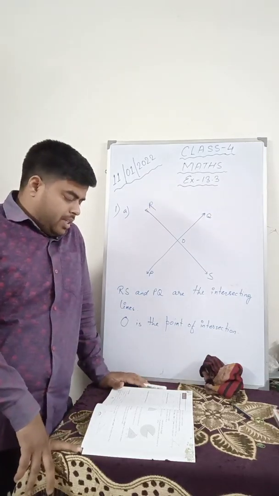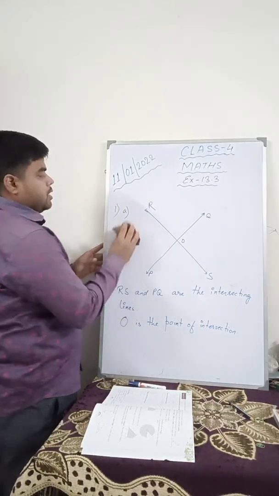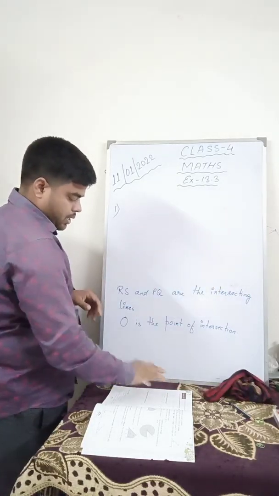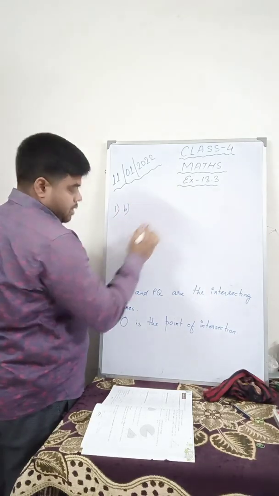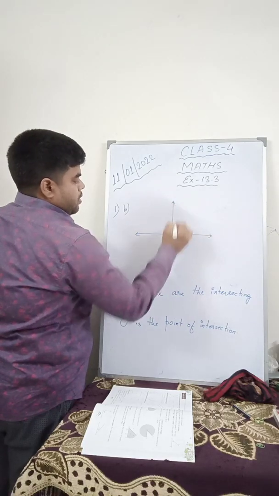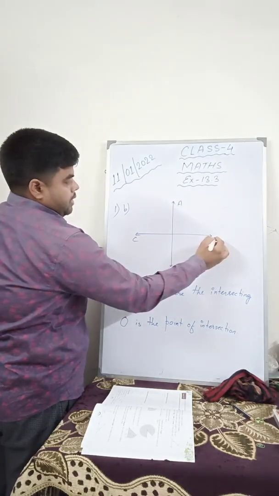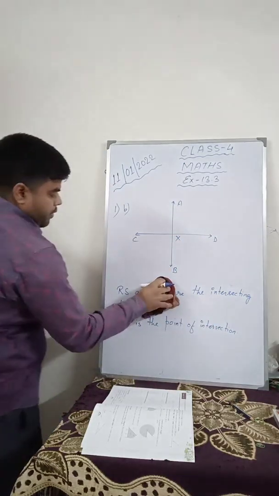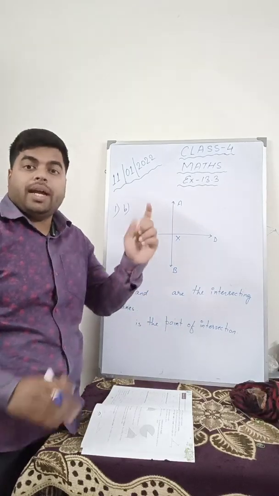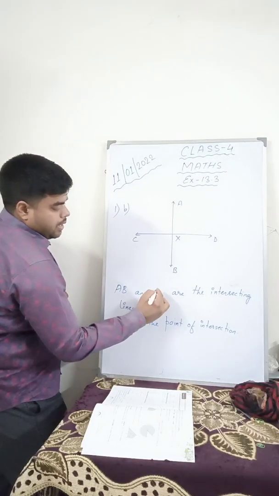In the same way, for question number B, I'm erasing this but not this, so you can see here number B. A, B, C, D, and this is X. If I ask you which lines are the intersecting lines, the lines which are cutting each other, AB and CD are intersecting lines.